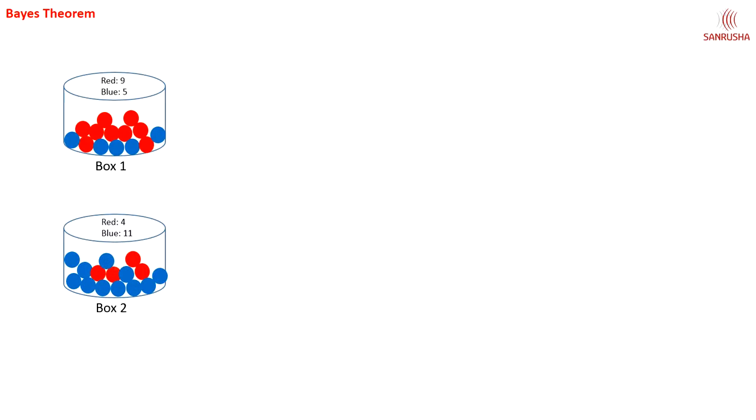And here comes the best part, the part we were all waiting for. Consider this. Same, you have box 1 and box 2, the same number of red balls and blue balls. Exactly the same situation, but the question is different. The question is, you picked a red ball, and what is the probability that this red ball is from the second bag?